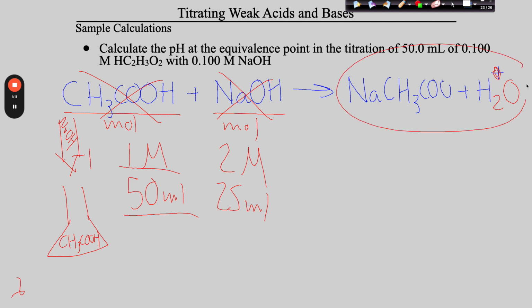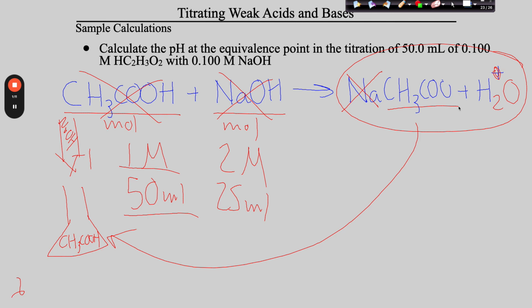Okay, so guys, what that means is this. In our flask, when we reach equivalence, this is what's in there. Sodium acetate and water. Thank you for correcting me. McKenna would say, what about sodium? Trash. This ain't no trash, right?